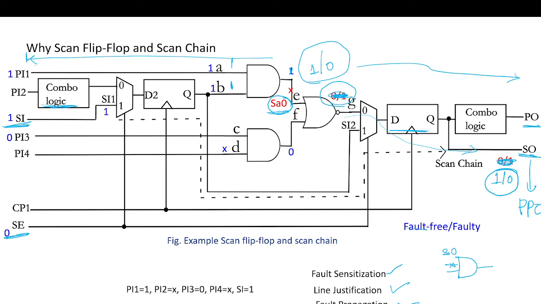Say here it is stuck at 0, here it is stuck at 1. If both the lines are stuck at 0, 1 1 should excite the fault. Now this 1 1 should be giving the output 1, but because of the fault it gives 0. Now this will be equivalent to either F1 stuck at 0 or F2 stuck at 0. That's why we came down from the multiple fault model to the single fault model.